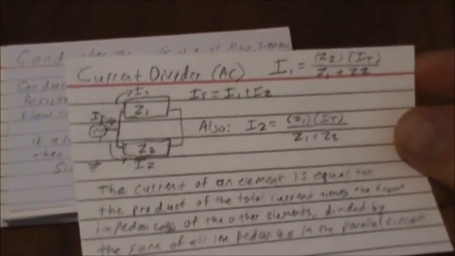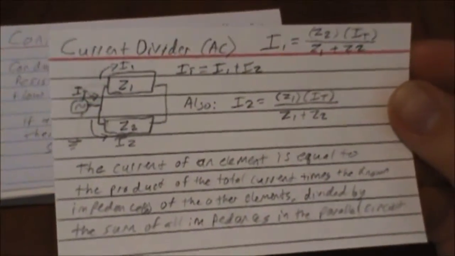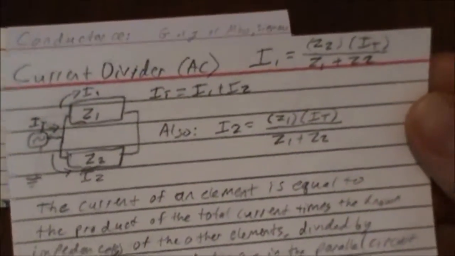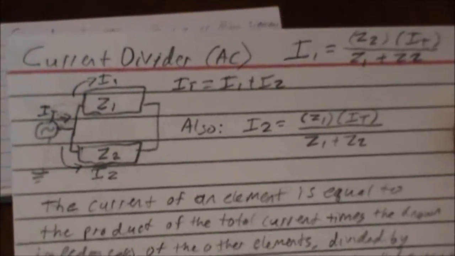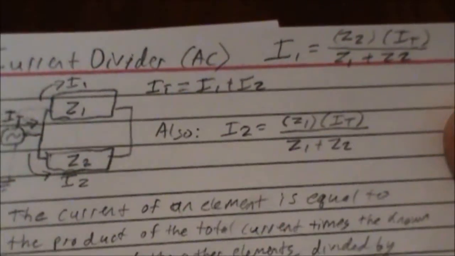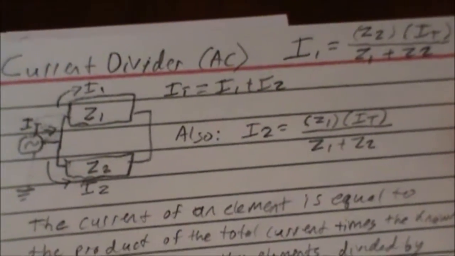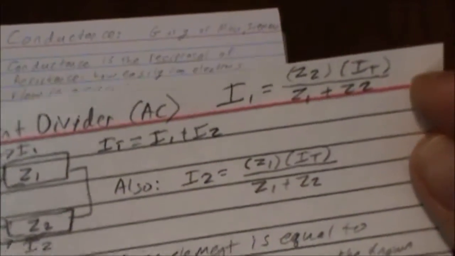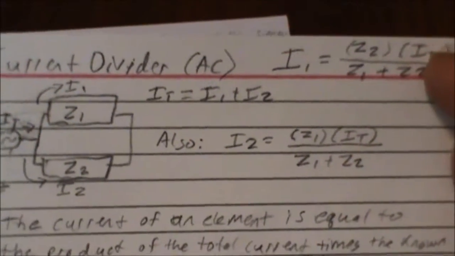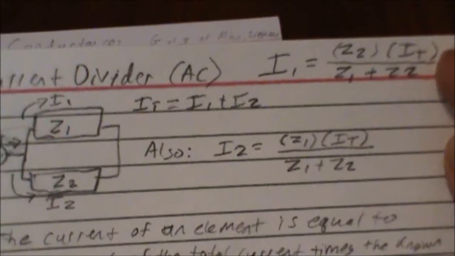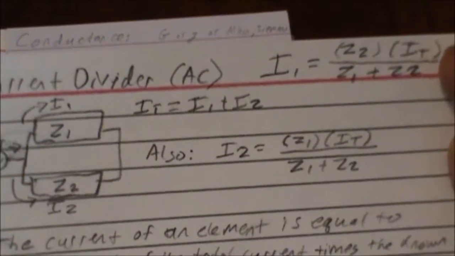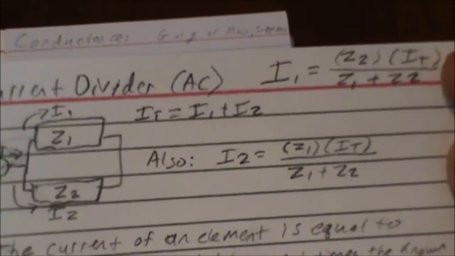Now, not only can we divide a voltage, we can also divide current. As you saw, we just had impedances in series. Then we have the impedances in parallel. Say we have the product over the sum, but it's the product of Z sub 2 multiplied by the total current.